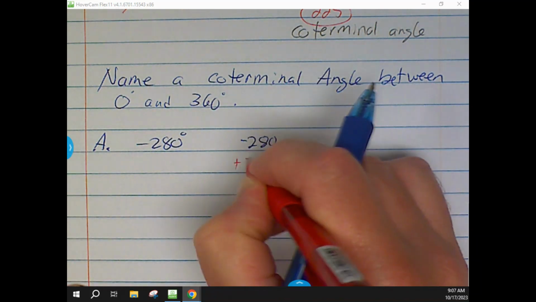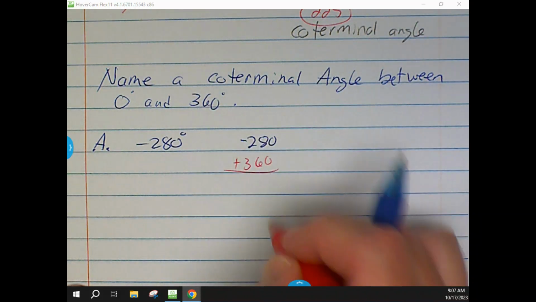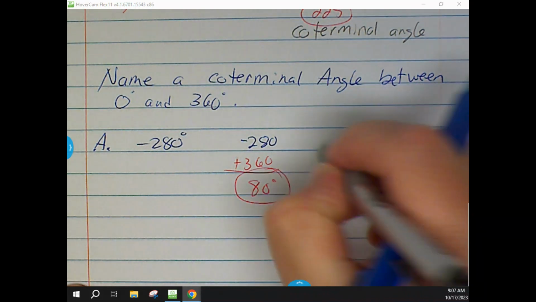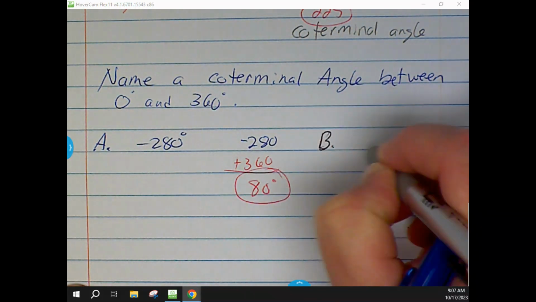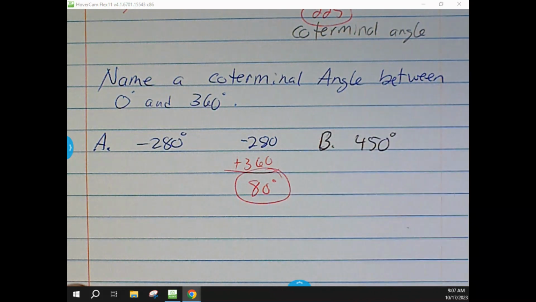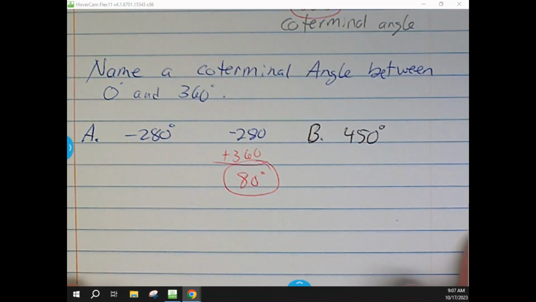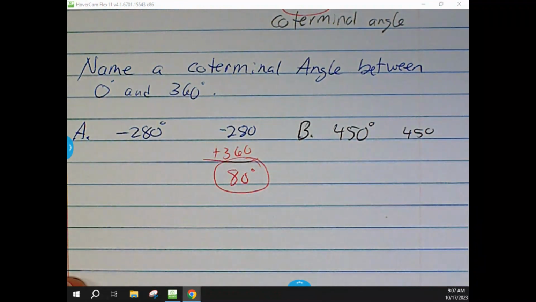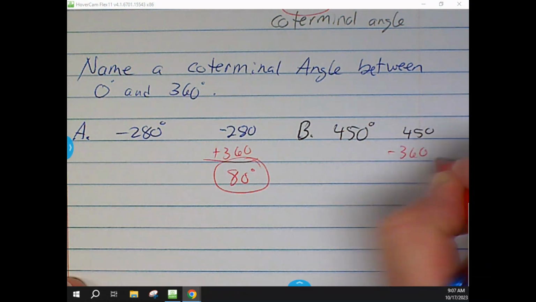You just add 360 to that angle, and whatever you get, that's your coterminal angle. Okay, if it's 450 degrees, again, you're just going to take 450, and then you're just going to subtract 360 from that.